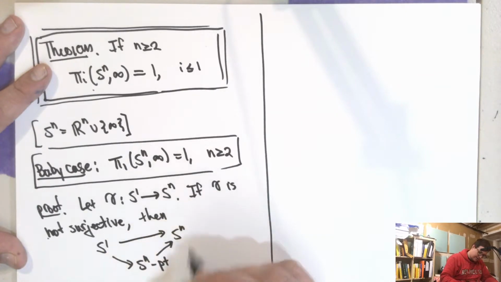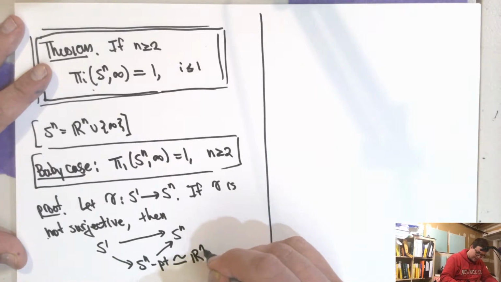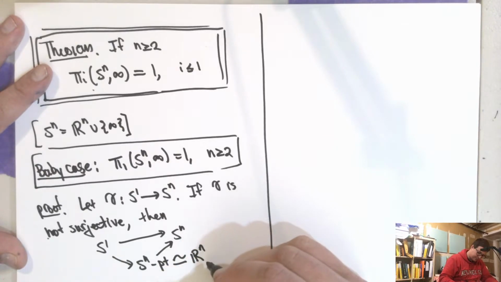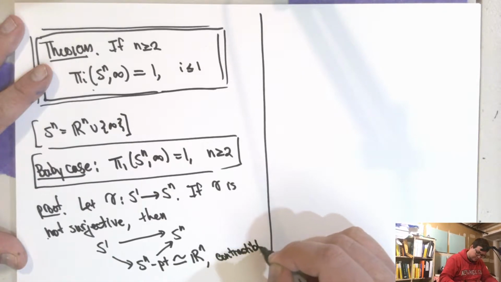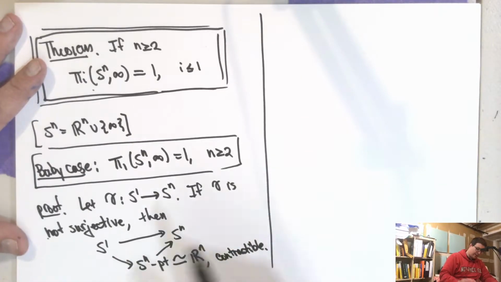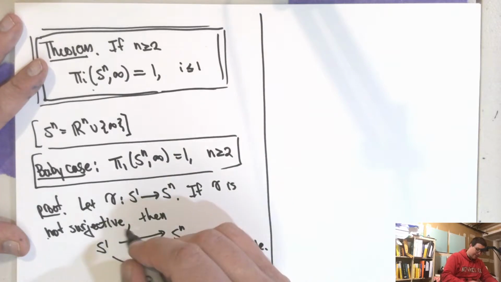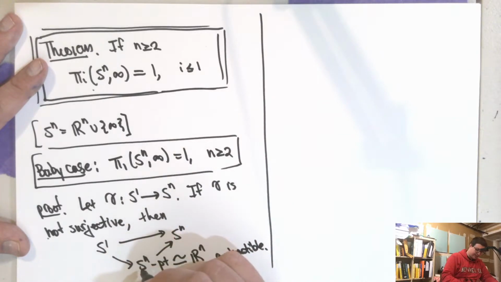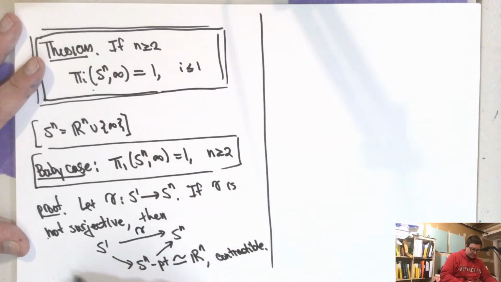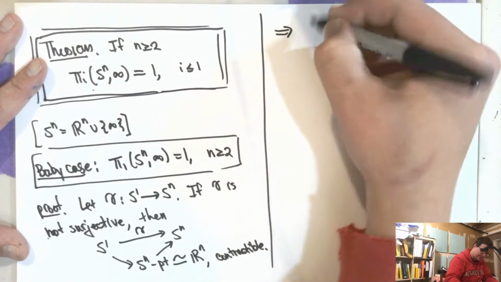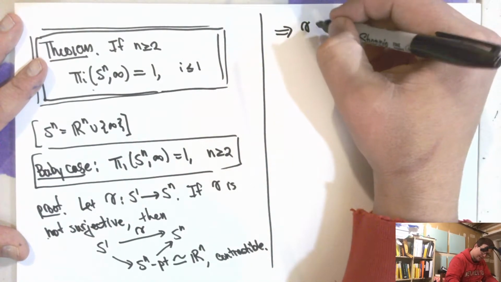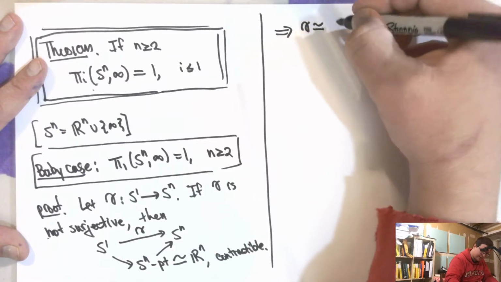And this thing here is homotopy equivalent to R^n, which is contractible. So if you have your map gamma and it factors through this way, then we can put it in here and just shrink it, right? And so this implies that gamma is homotopic to a constant map.